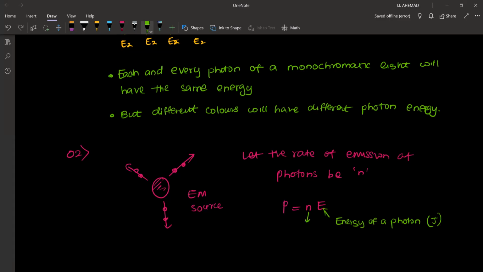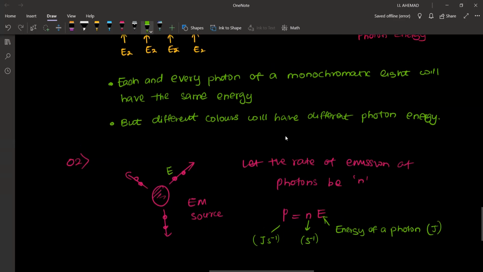This is the number of photons per second. Therefore, this is per second. Then power is joule per second. If the energy of a single photon is E, and in 1 second this electromagnetic source produces 100 photons, the power of the source will be 100 times E. Okay, that's the simple idea.